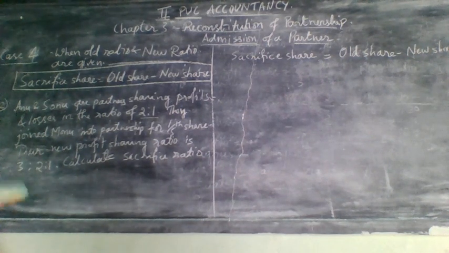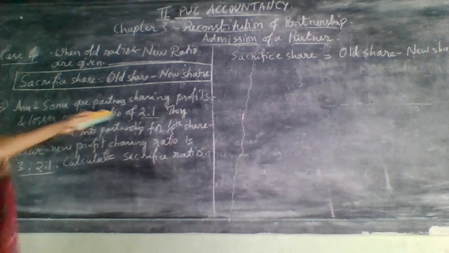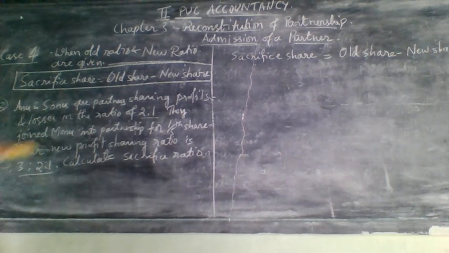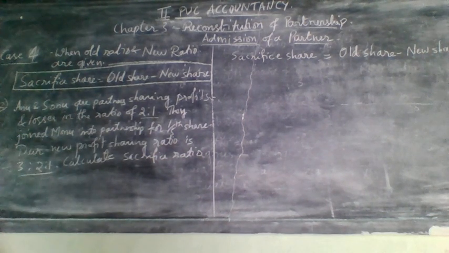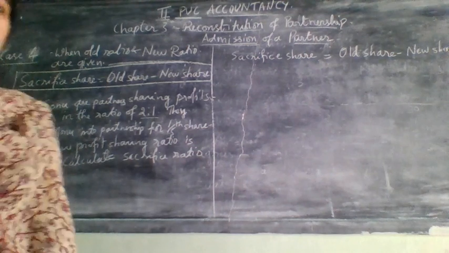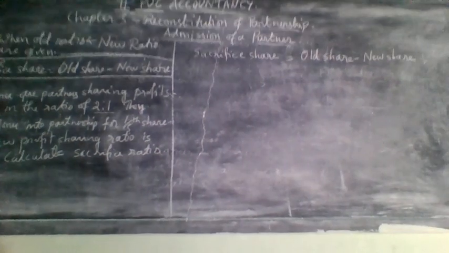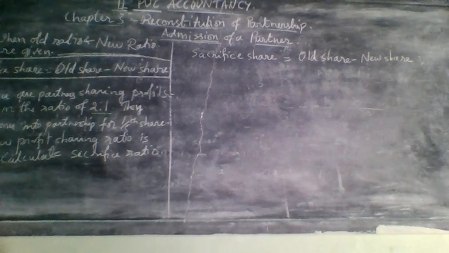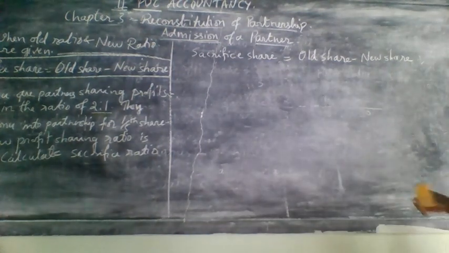So in this problem, they have given the old ratio and the new ratio. We don't want anything else at all. First thing you need to do is write down the formula. After writing down the formula, next write the value ratio whatever they have given in the problem.